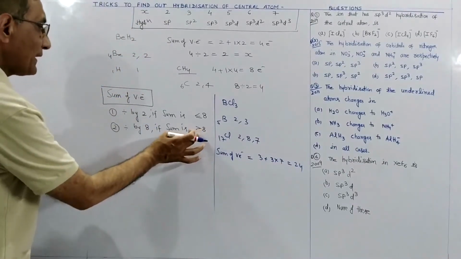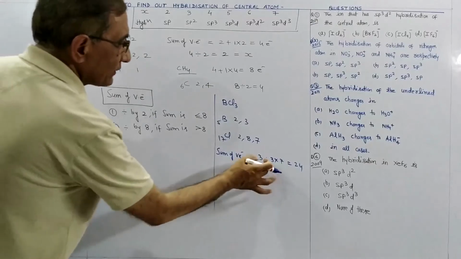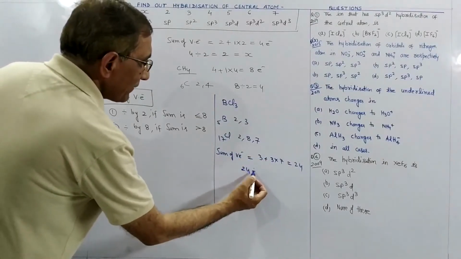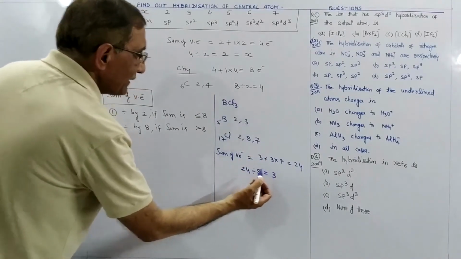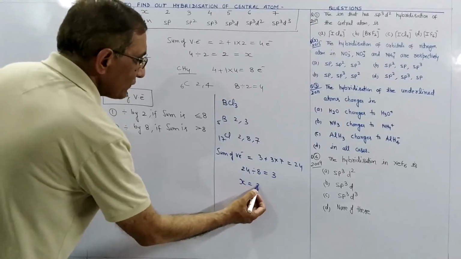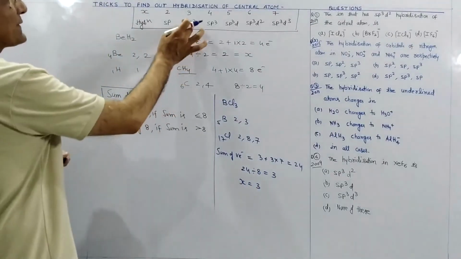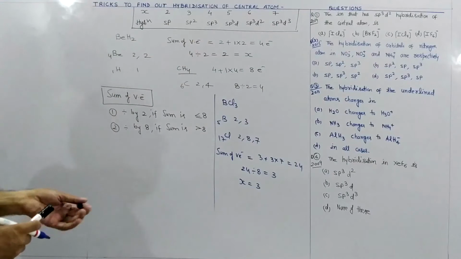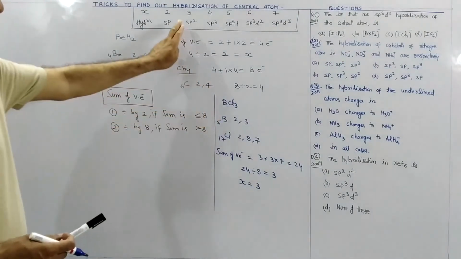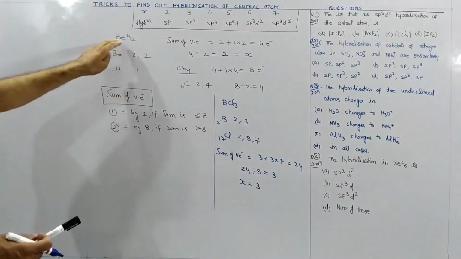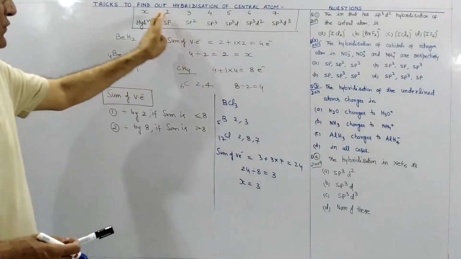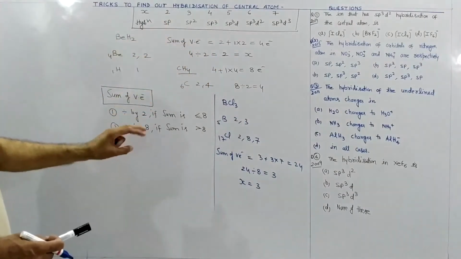Here the sum of valence electrons is more than 8, then divide it by 8. You will get 3. It means the x value is 3. So our hybridization will be sp2. So in BCl3 we have sp2 hybridization. In BeH2, the x value is 2, therefore it is sp hybridization.